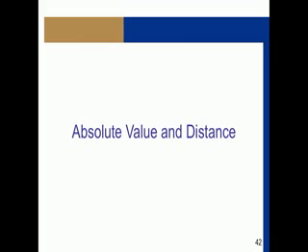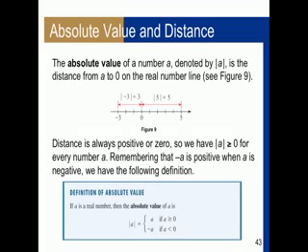So Mr. Merrill's going to go ahead and finish out this section with you guys with absolute value and distance. If you remember then, the absolute value of a number A is denoted by the bars on either side of A, straight bars. It's the distance, and that's one key word that we need to associate with absolute value: distance.